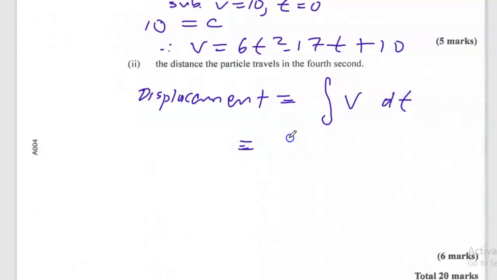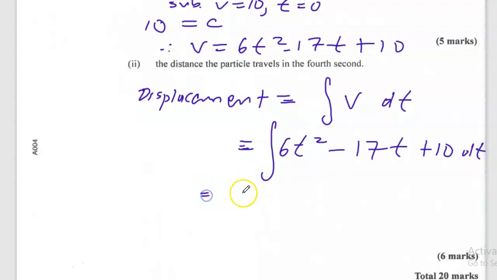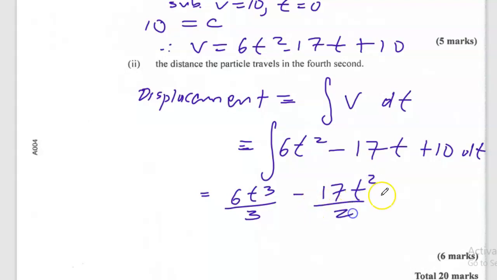Velocity was what? 6t squared minus 17t plus 10. We're going to integrate this with respect to t. So integrate 6t squared, we get 6t cubed over 3. Add 1 to the power, divide by the power. We get 17t squared divided by the power, which is 2. Integrate 10. We get 10t plus a constant.